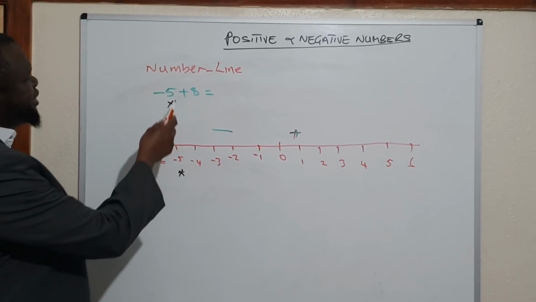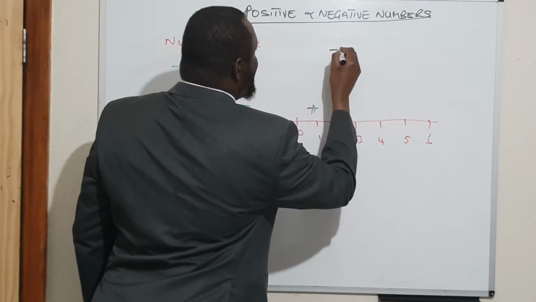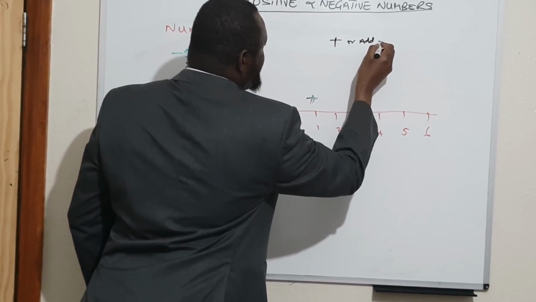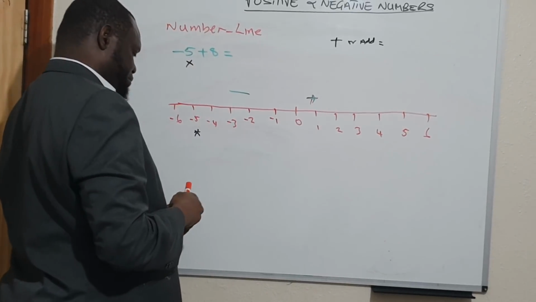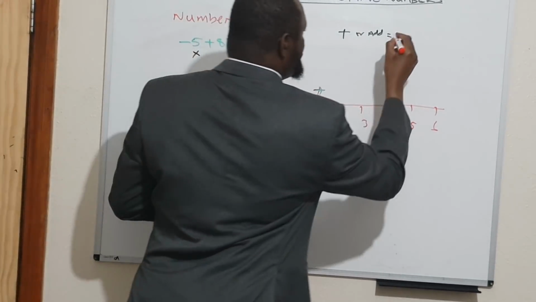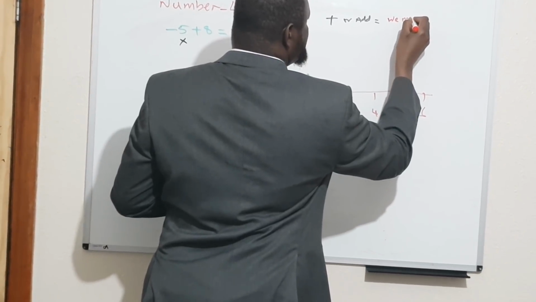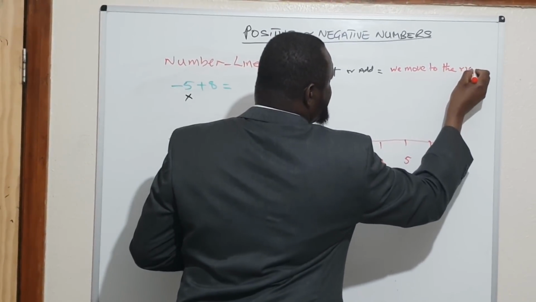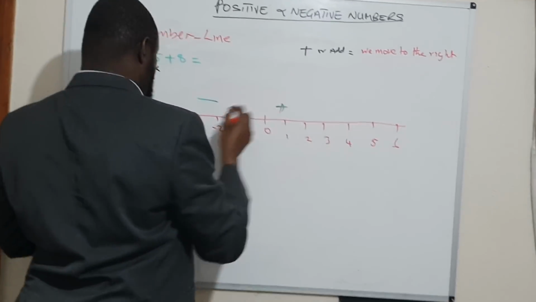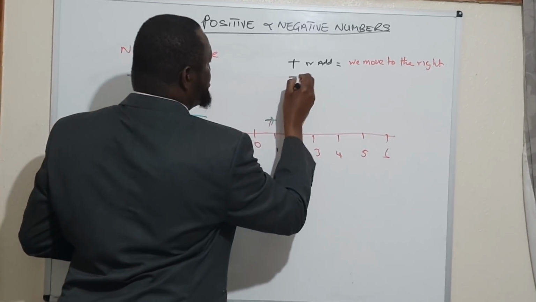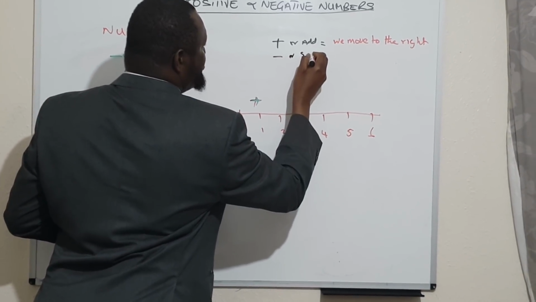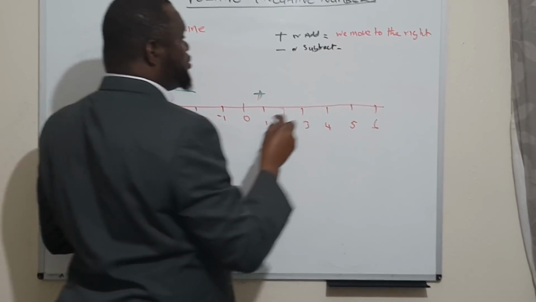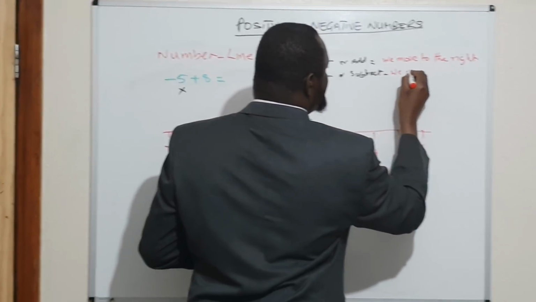Now, if it's plus 8, we said when we add, we move to the right. And when we have minus or subtract, we move to the left.